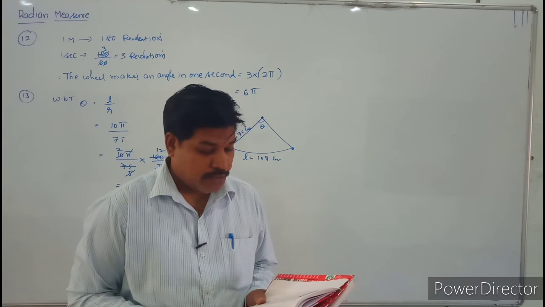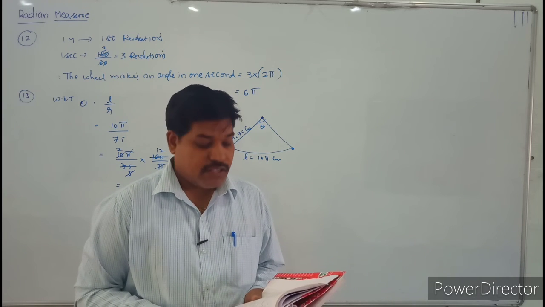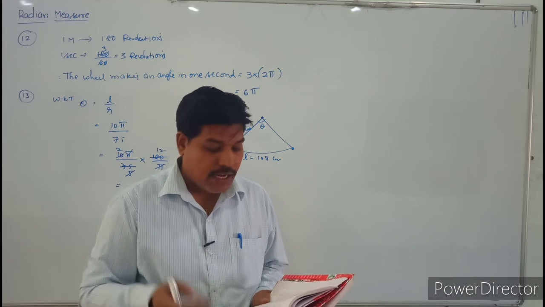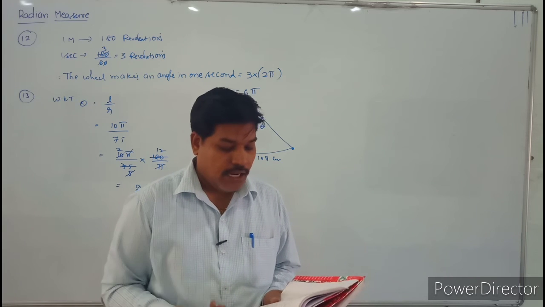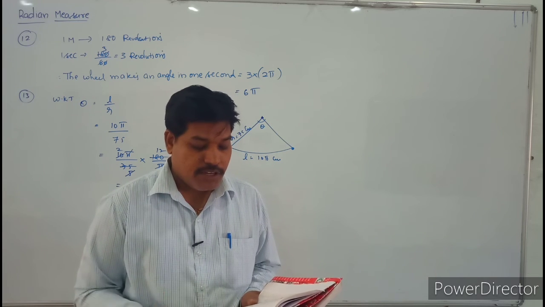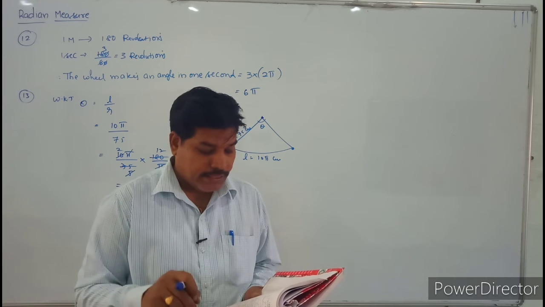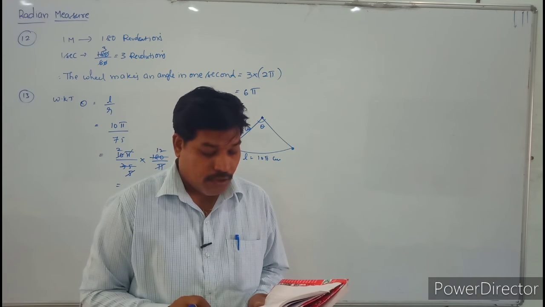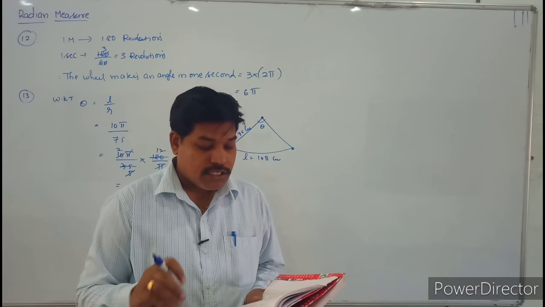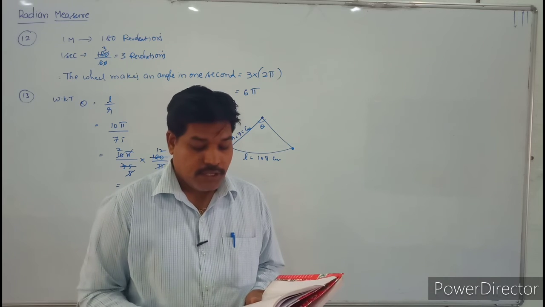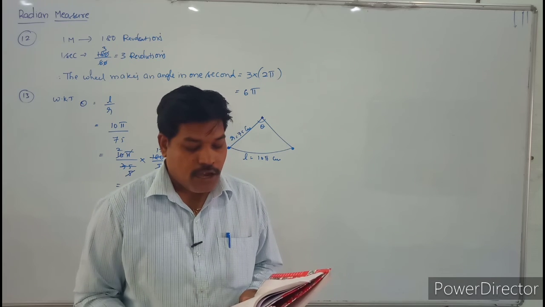See the next question. In a circle of diameter 40 centimeters, the length of a chord is 20 centimeters, then the length of the minor arc of the chord is.